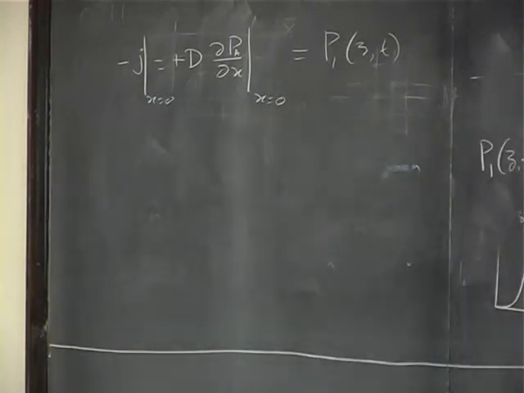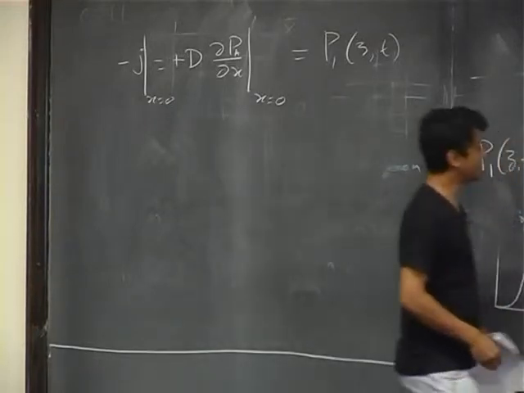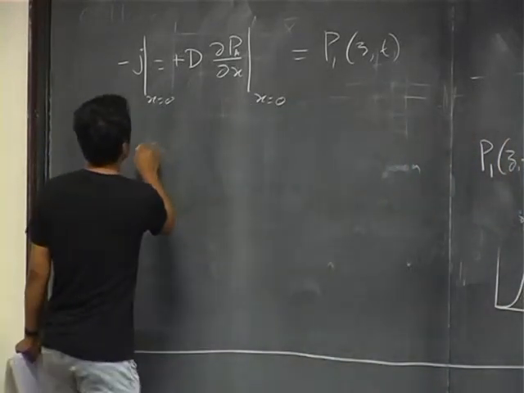So this is P(x,t). We have to take a derivative in x. If you take a derivative in x, what do you get?